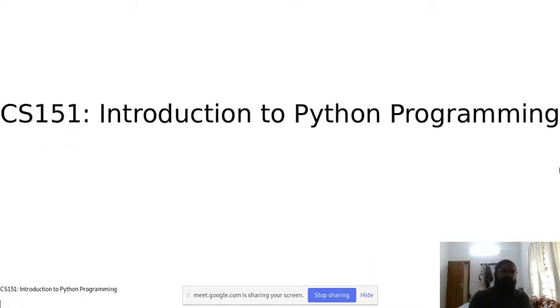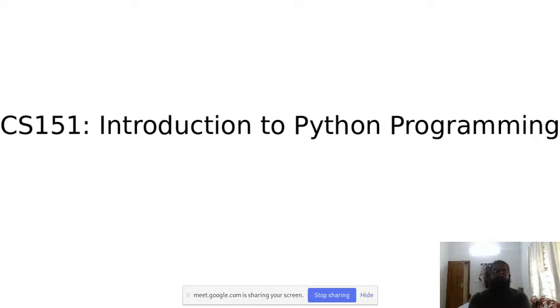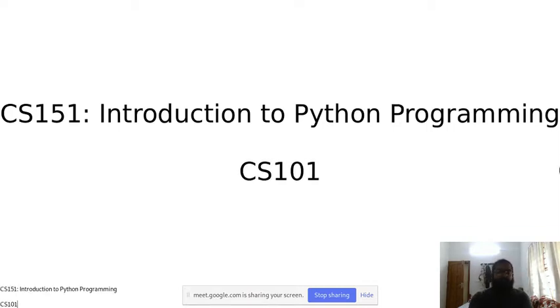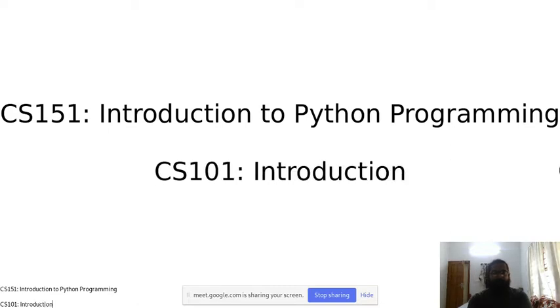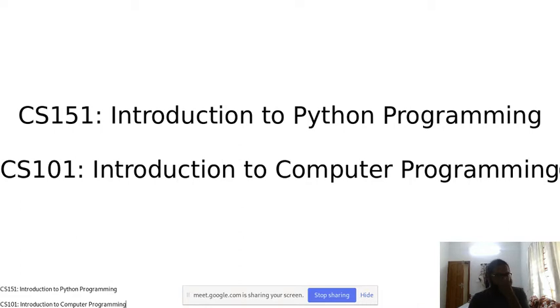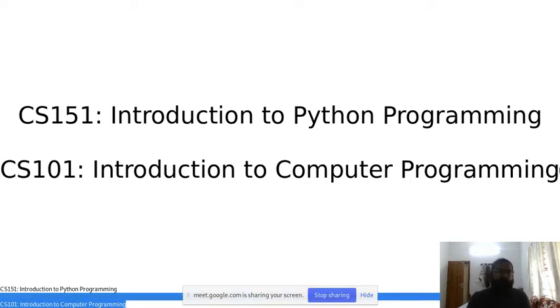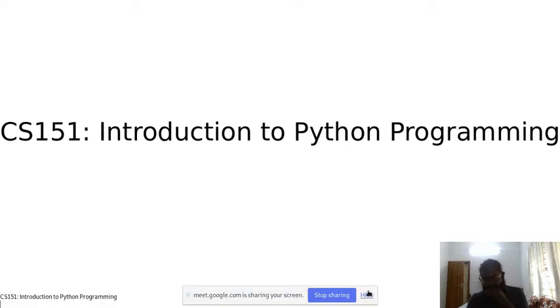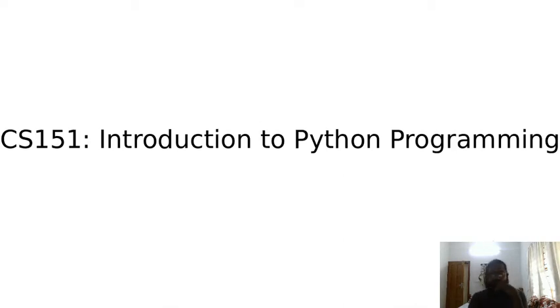Last week you wrote your first semester end examination, and you have also written CS101, introduction to computer programming, correct? So my question is, can someone tell me what is introduction to Python programming? Anyone? It can be anything that you say.